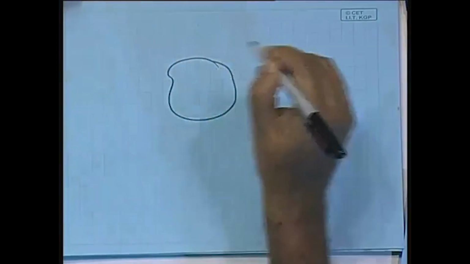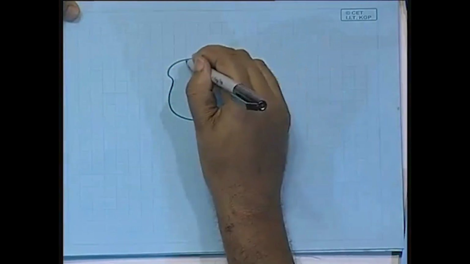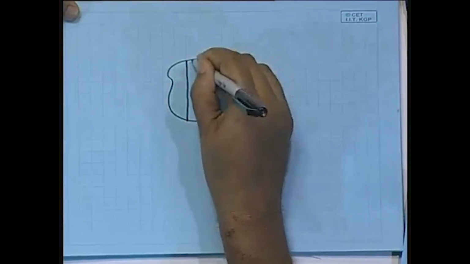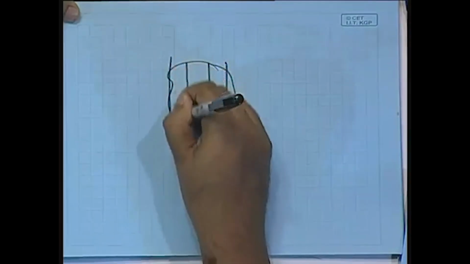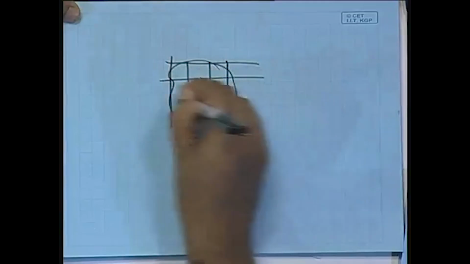Now, if that is so, then assigning a single motion vector for 16 by 16 blocks makes sense. Say, for example, I have an object like this, a rigid body object, and suppose I have subdivided the image into a set of 16 by 16 blocks like this.